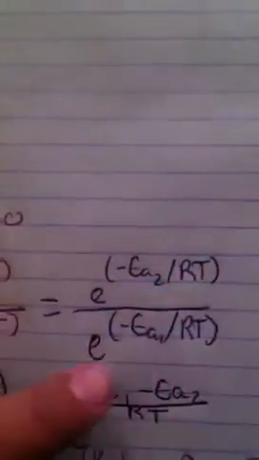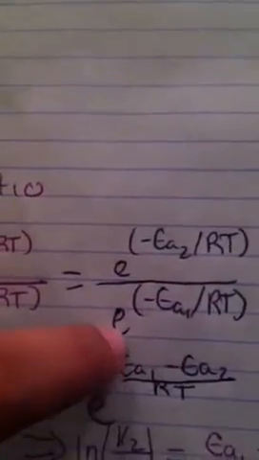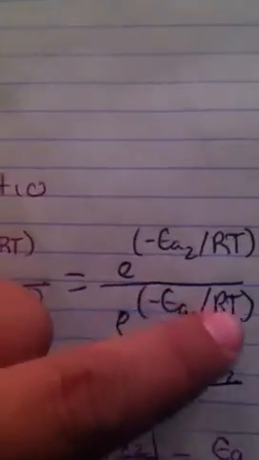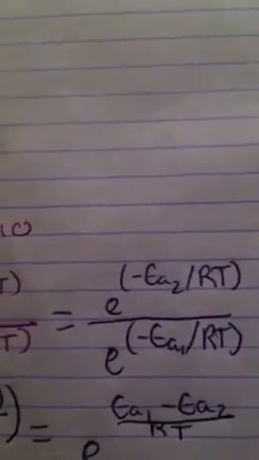Okay, so we're able to cancel these A's, and that'll make life easier on you. So that moves us to here, where we just have e to the negative EA2 over RT over e to the negative EA1 over RT. Okay, and we also know that the temperature is going to be 298 K and that we're going to use the same R. So this actually isn't going to be that bad.